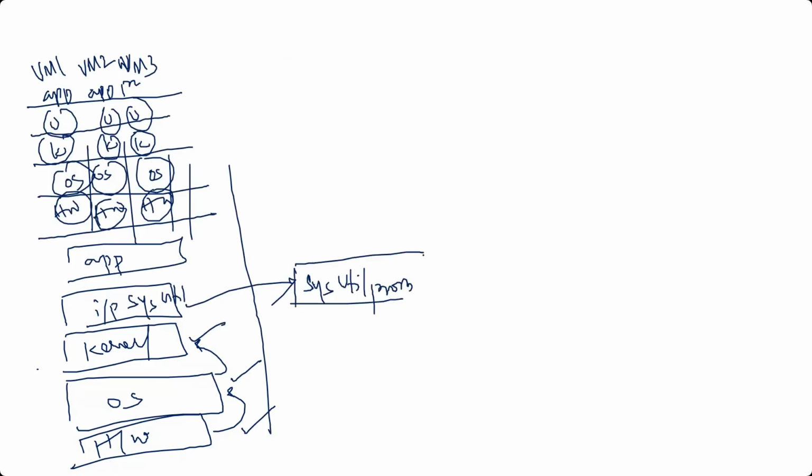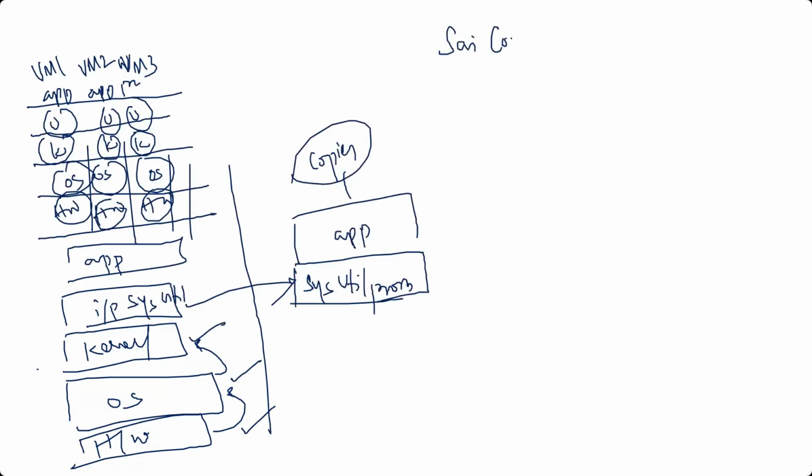They'll only touch the system utility programs and the application layer, and they create copies of these. Okay, we'll try to understand how this works. So imagine there's a company called Sai Corporation. There are 10 developers. So Sai bought one rack and created 10 VMs.